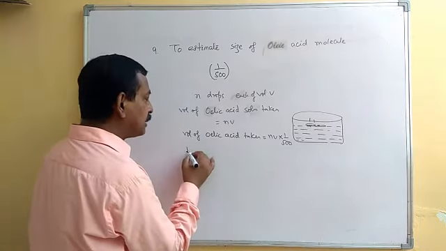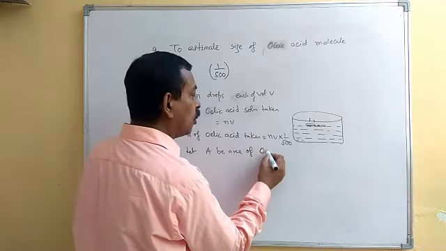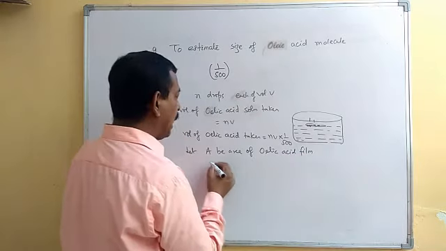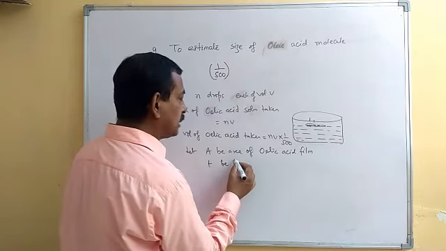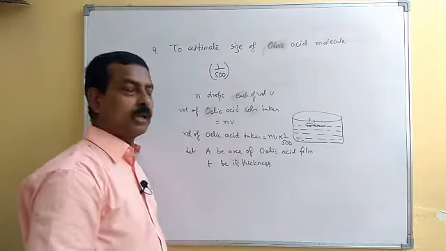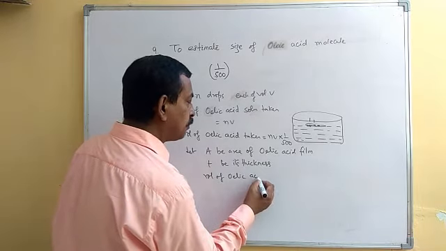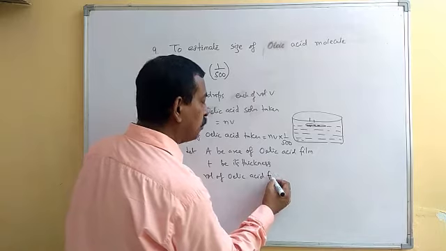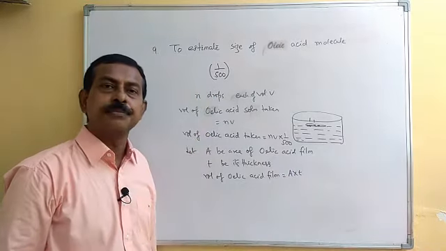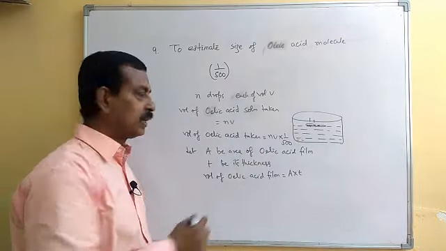Now let A be the area of the oleic acid film and T be its thickness. Therefore, the volume of the oleic acid film will be A into T, and this is also giving you the volume of the oleic acid taken.